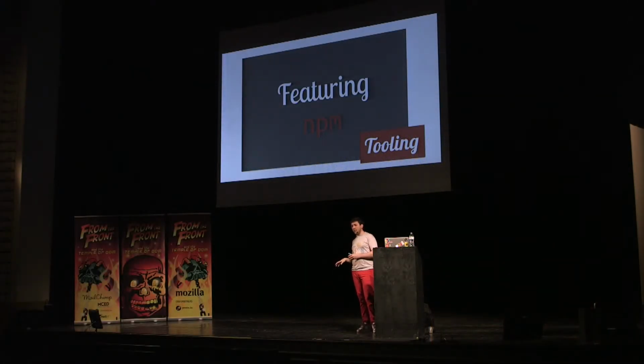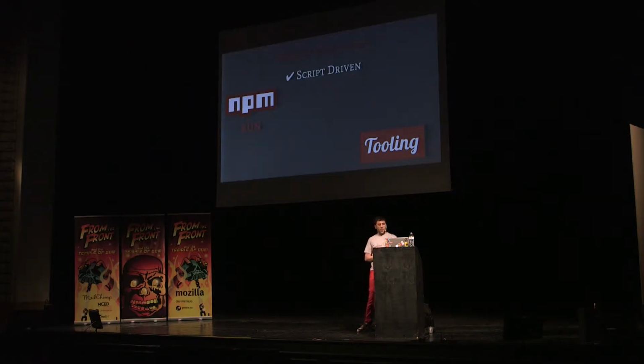And then there's npm, which is even leaner. It's script-driven, meaning that you pretty much are writing code in bash. And that may throw you off a little bit, but it's kind of a mixture between using make, for instance, and using some other tools like Grunt or gulp.